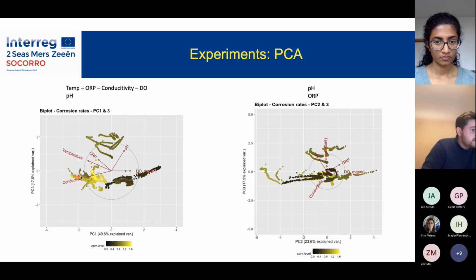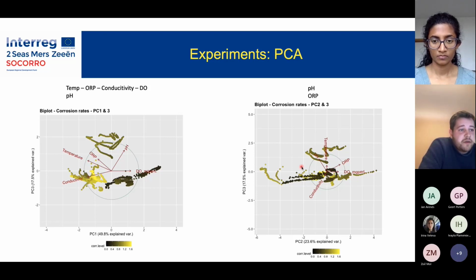Also, the corrosion rate data still follows the principal component 1 axis, and you can see that there's a color gradient from black, a very low corrosion rate, to a very high corrosion rate. On the right-hand side, there's principal component 2 and 3, and the corrosion rate is not very well displayed on this graph, as is the conductivity, temperature, and the dissolved oxygen.